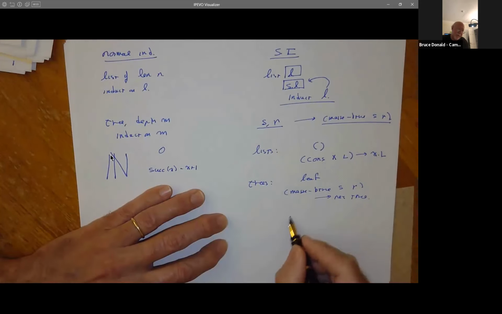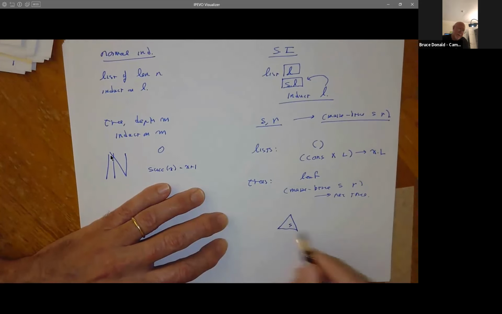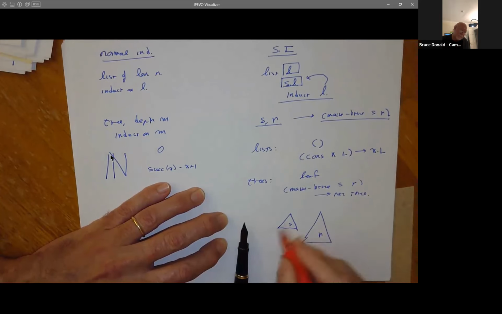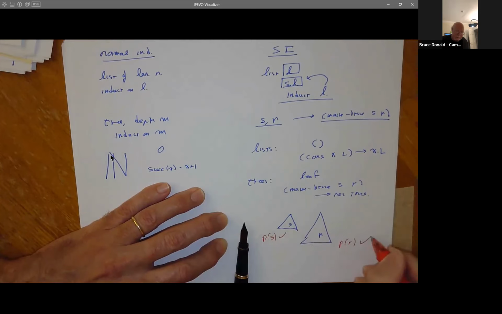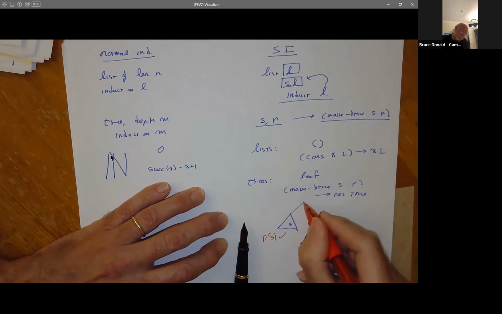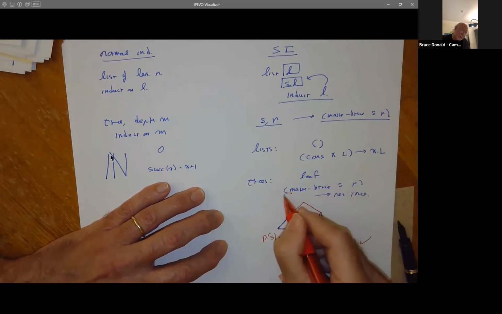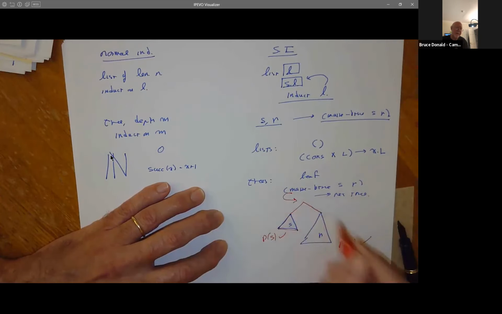I mean, here we have a subtree S and we have a subtree R. We proved that the property holds for S. We proved the property holds for R. That's done. When we make a new tree like this, we merely need to show that if the property holds for S and it holds for R, then it holds for make binary tree, where we put those two things together.